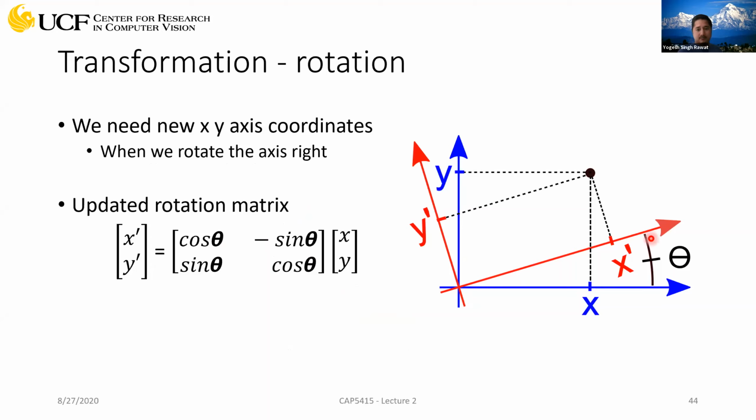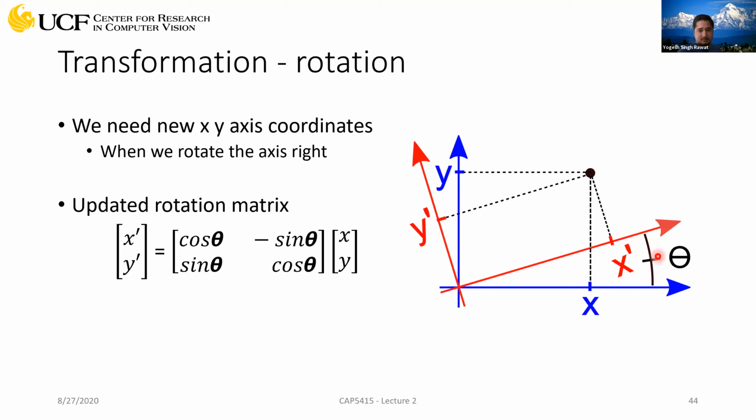If you're rotating towards left, you are starting with blue, ending on red. Now to rotate the point to the left with an angle of theta, you will have to rotate the axis to the right. So this time we are starting with red, and the final axis is the blue one. So let's see how the coordinates change this time. So you're rotating to the right.